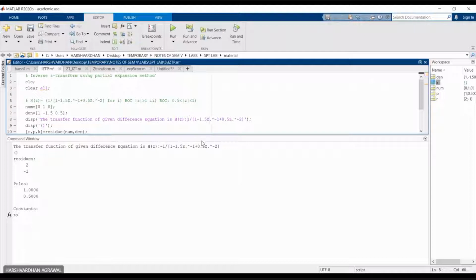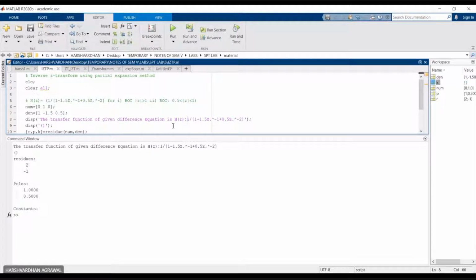See here, the array of numerator coefficients. Okay, that is not correct. You have written the numerator as 0, 1, 0, but actually what should it be? It is not correct.